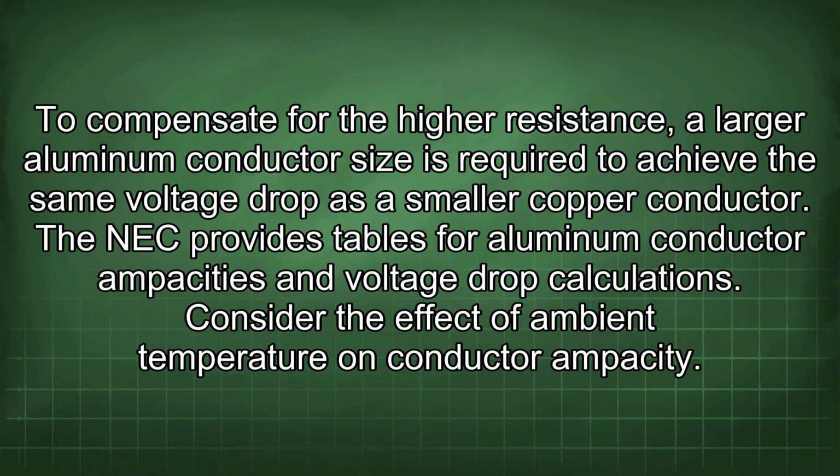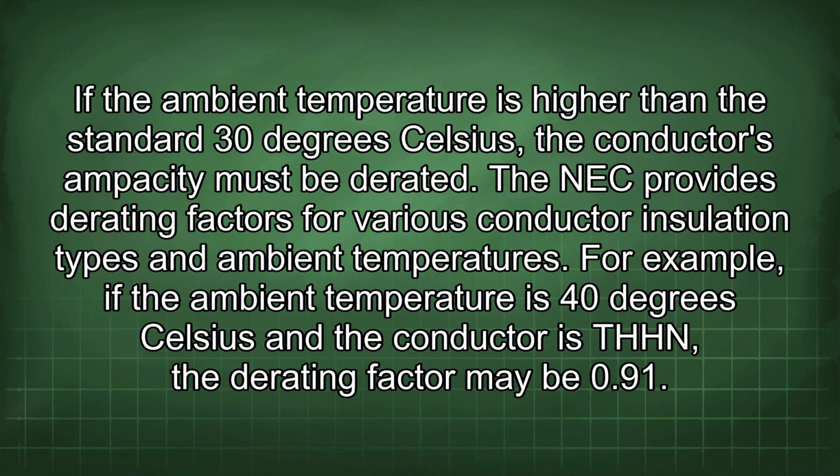Consider the effect of ambient temperature on conductor ampacity. If the ambient temperature is higher than the standard 30 degrees Celsius, the conductor's ampacity must be derated. The NEC provides derating factors for various conductor insulation types and ambient temperatures. For example, if the ambient temperature is 40 degrees Celsius and the conductor is THHN, the derating factor may be 0.91.